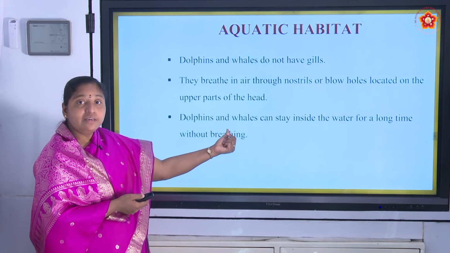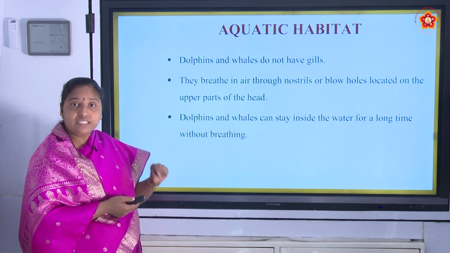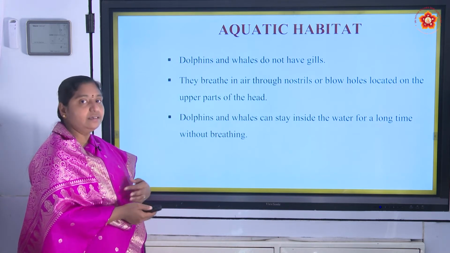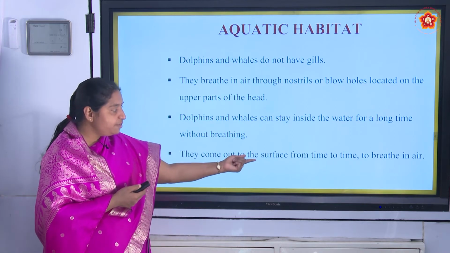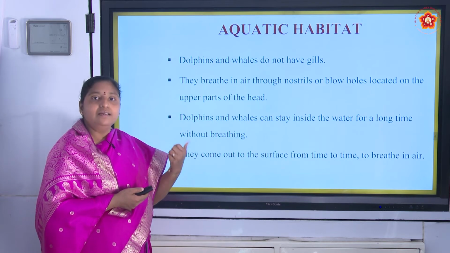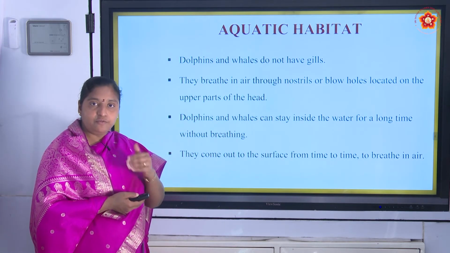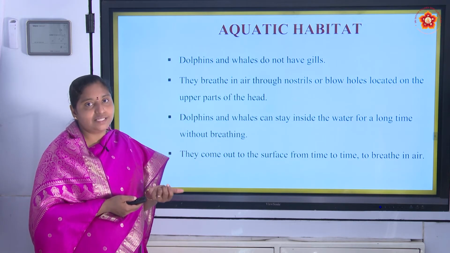Dolphins and whales can stay inside the water for a long time without breathing. They come out to the surface from time to time to breathe in air. If they had gills, they could stay inside the water and live by absorbing dissolved oxygen.